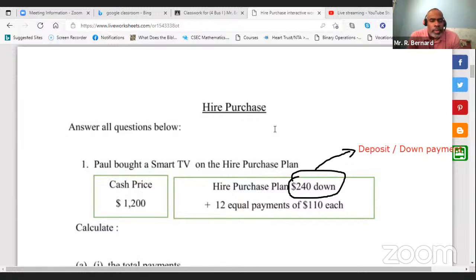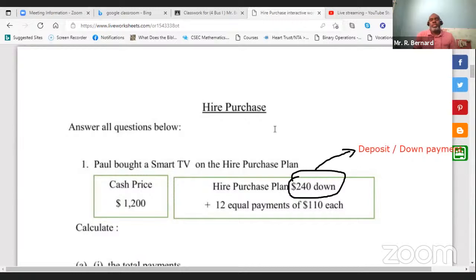All right. Why do you think when I said 12 equal payments of $110 each, what are they referring to? What term?